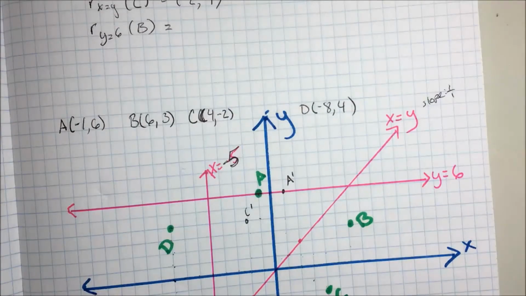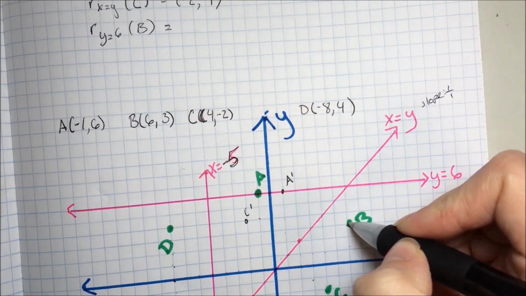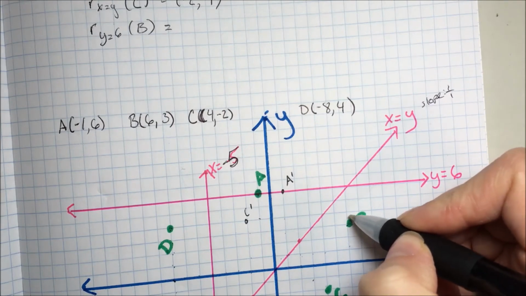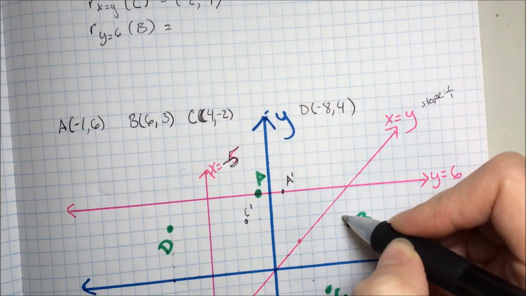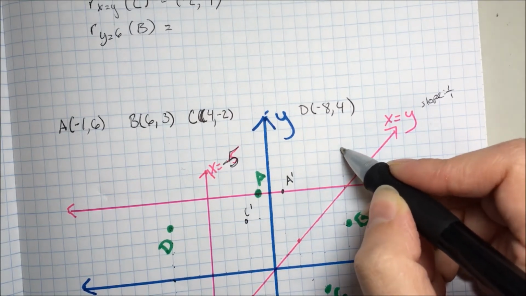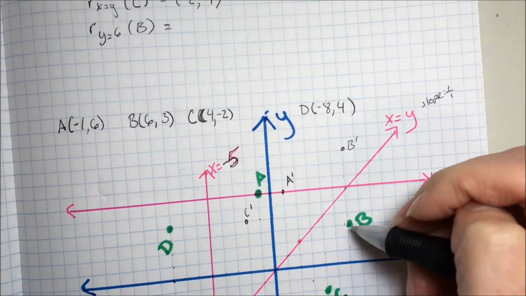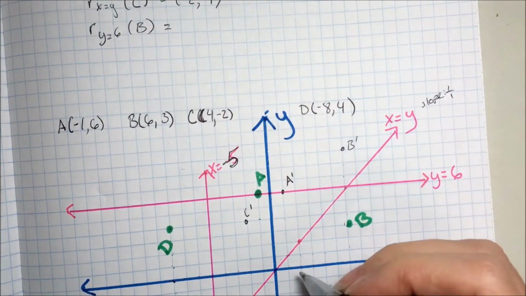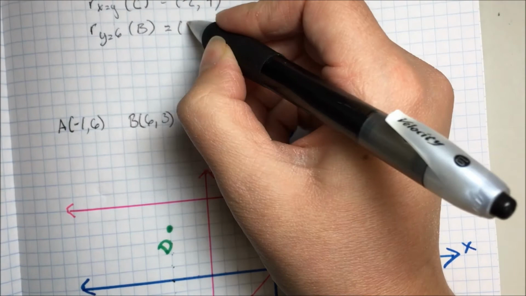I'm going to start at B and count towards y equals 6 in a perpendicular way, and then count past. So 1, 2, 3, 1, 2, 3. There's B prime. So B prime is going to be 6, 9.